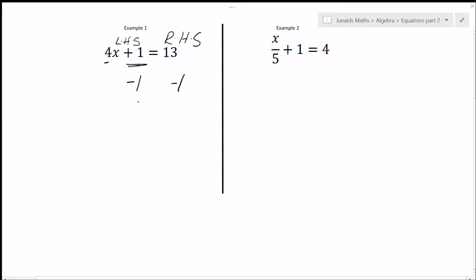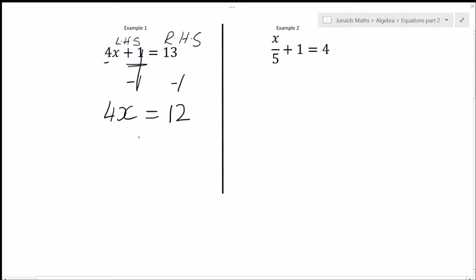Okay, so now we will see the result that we will be getting rid of this plus 1, and then the next step will be 4. Okay, so let's solve that. 4x plus 1 and minus 1, these two are going to be cancelled, and on our left hand side we only have 4x left. On the right hand side, that's 13 minus 1, which gives us 12.